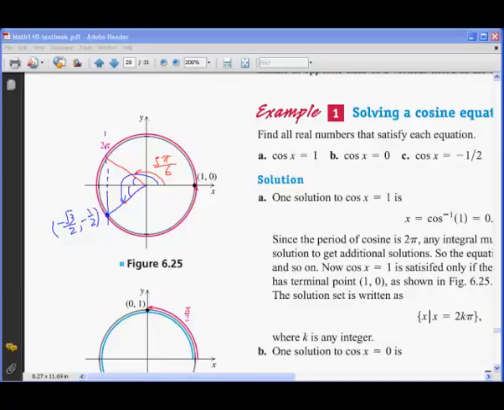Now, what is this angle? 7 pi over 6, right? Actually, it's pi plus pi over 6, right? Use pi plus pi over 6, then you get this second angle. So now let's come back to the whiteboard.